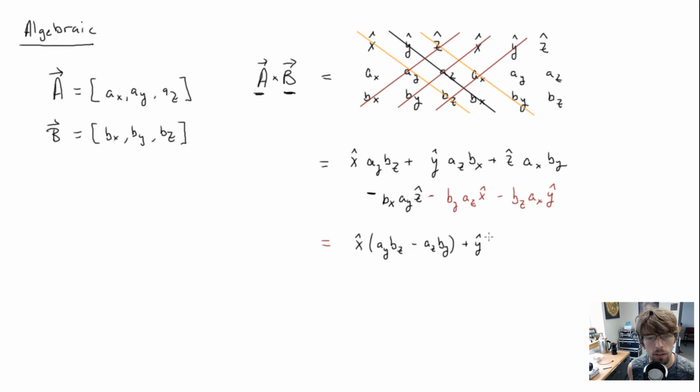Y hat would be AZ BX minus AX BZ, plus Z hat times (AX BY minus AY BX). Oh, excuse me, BX. So even with it in front of me, sometimes I screw it up. This is the full-blown expression.